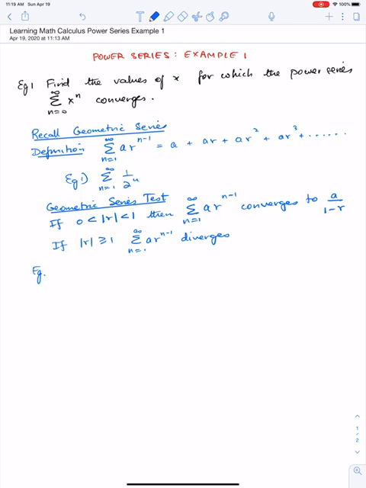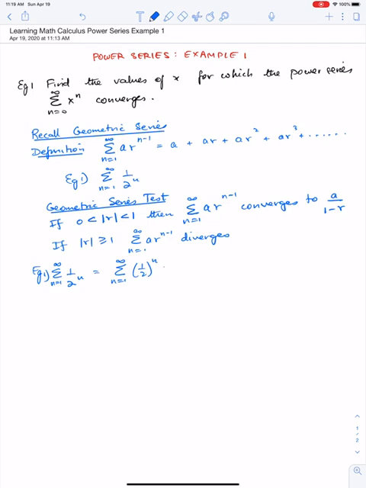So how would we tackle the convergence or the divergence of that first example, summation 1 over 2 to the n? Well, first thing to observe is that 1 over 2 to the n is really 1/2 to the n. It's the same thing.